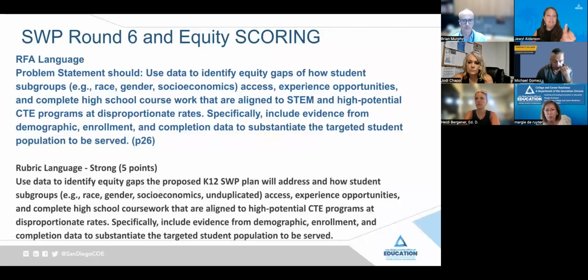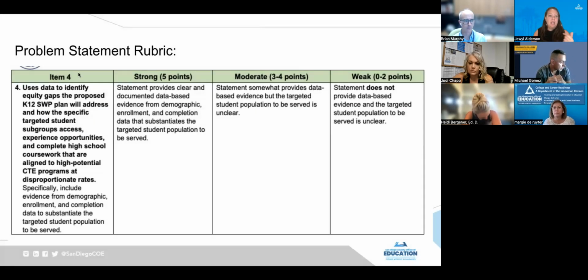The RFA has the upper language, the rubric has the lower language, and it's under Strong. If we look here, "uses data to identify equity gaps in the plan," that's what you're doing right now. You're here to say, here's the data that I saw. The CCI is one source of data where I saw equity gaps, and here's the evidence from demographic enrollment and completion. Then you want to be able to provide statements that have that evidence.